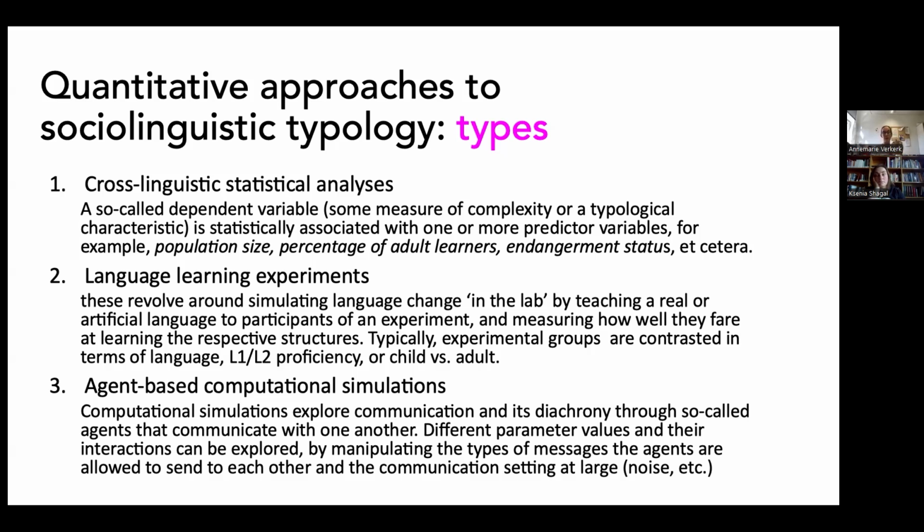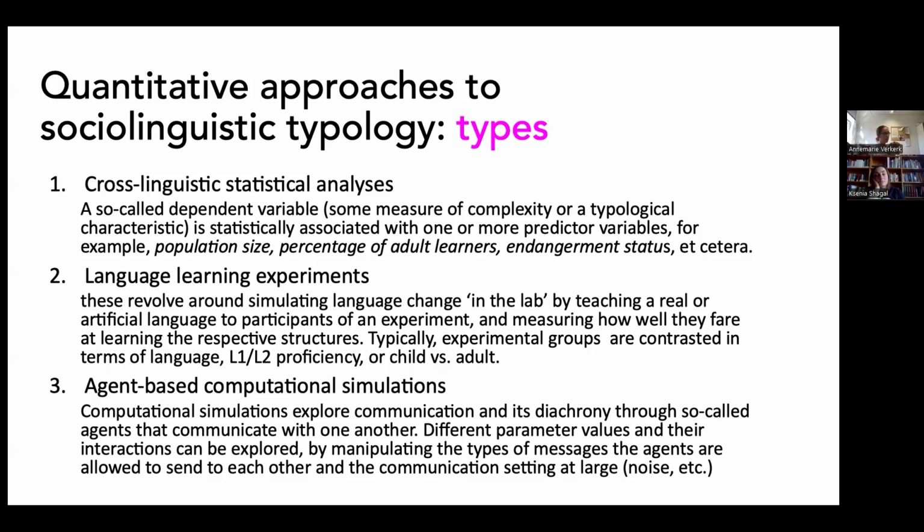And then the third type is agent-based computational simulations. These explore communication in its diachrony through so-called agents that communicate with one another. This is all on computers, where there are different parameter values, and their interactions can be explored by manipulating the types of messages the agents are allowed to send to one another and the communication setting at large, right? So you can introduce noise and see how they react to that.